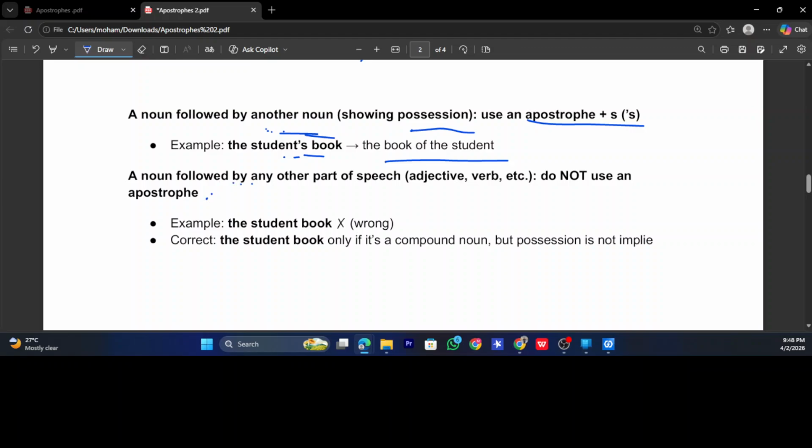A noun followed by another part of speech, like an adjective or verb, don't use any apostrophe. Like that, the student books is wrong. The student book works only if it is a compound noun, but possessive is not in play.